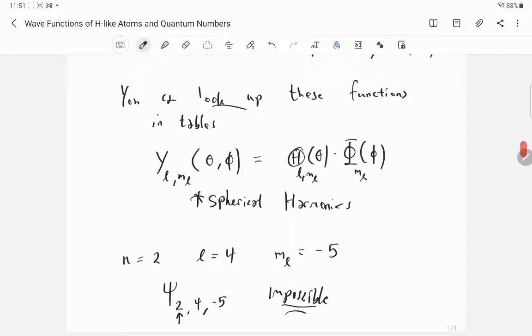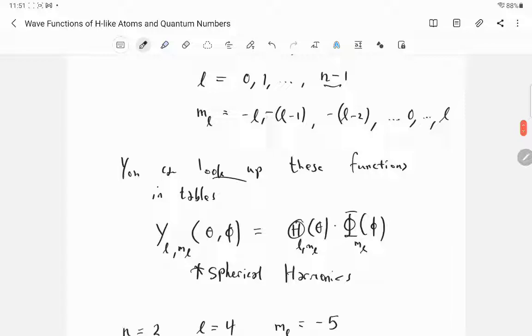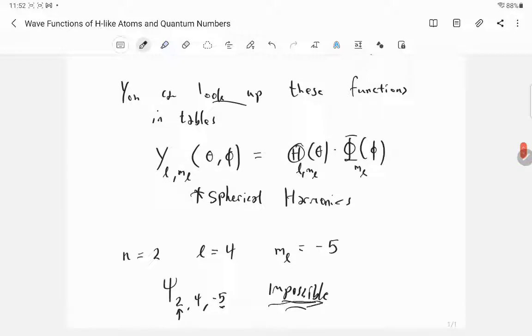Also, the absolute magnitude of m sub L cannot be bigger than L itself, because m sub L takes values from -L up to L. So if L is 4, then m sub L is only allowed to be -4, -3, -2, -1, 0, 1, 2, 3, or 4. You have to be careful, there are restrictions. This wave function does not exist, but this wave function does exist.